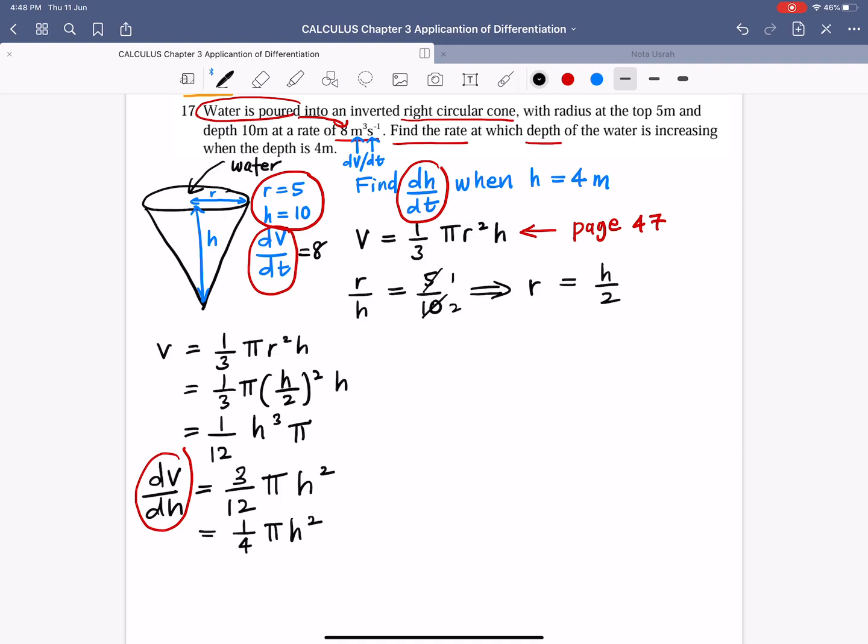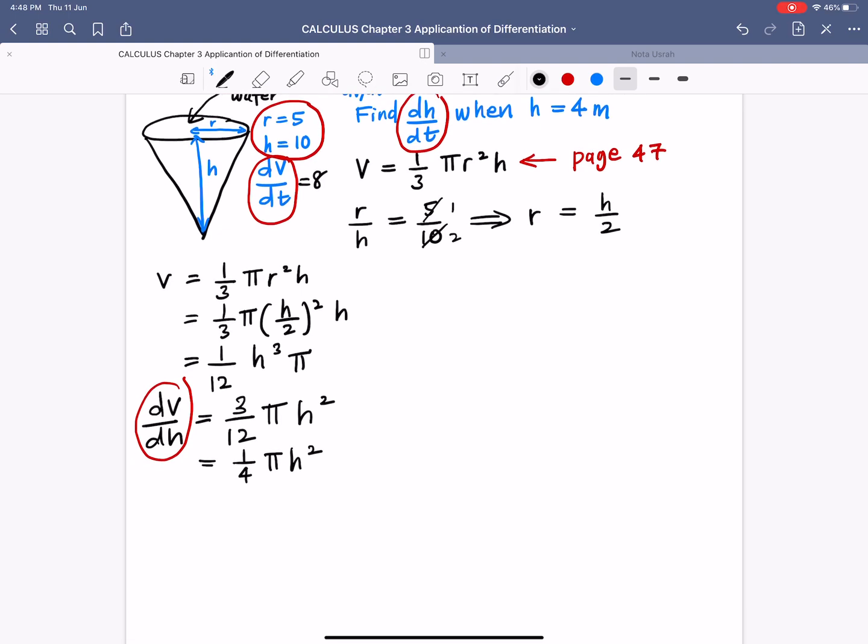Then we want to put dV/dh, dV/dt, and dh/dt into a chain rule.